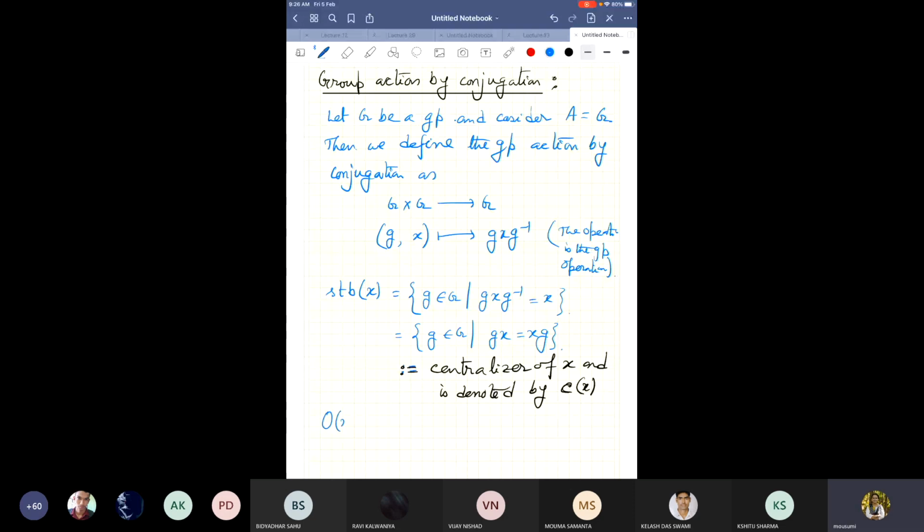And what is the orbit? Orbit is nothing but gxg inverse such that g is varying over all the elements of the group. This also has a special name.